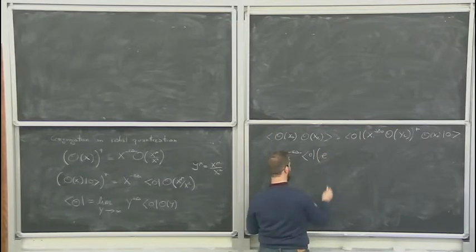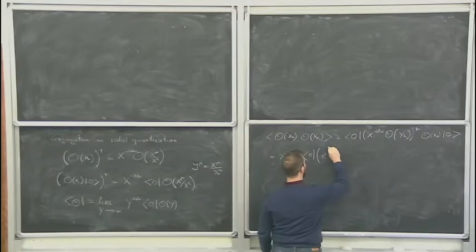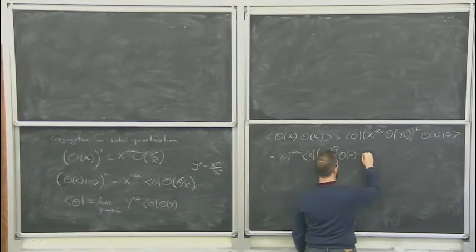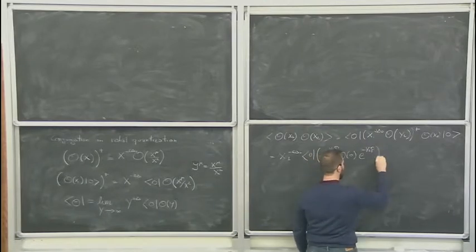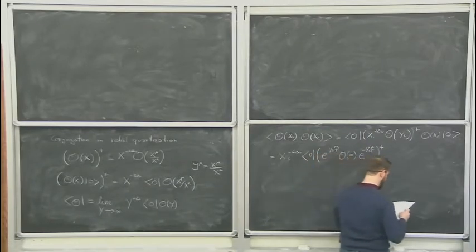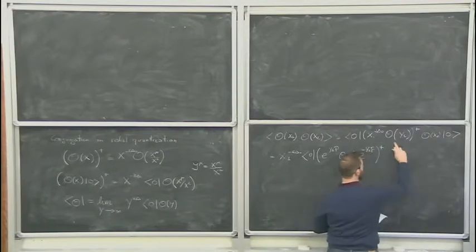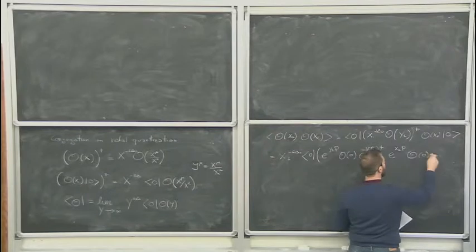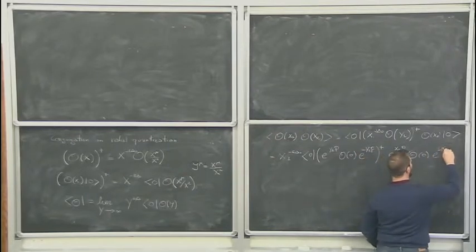I have e to the y1 P, O of 0, e to the minus y1 P, conjugate, and similarly for the other operator, e to the x2 P, O of 0, e to the minus x2 P, and then the vacuum. Okay.